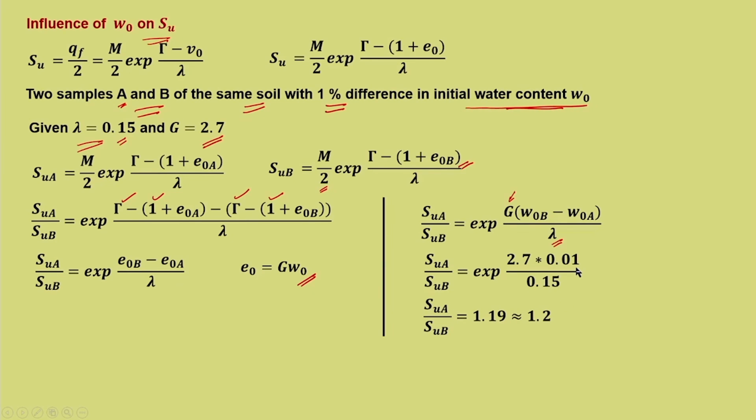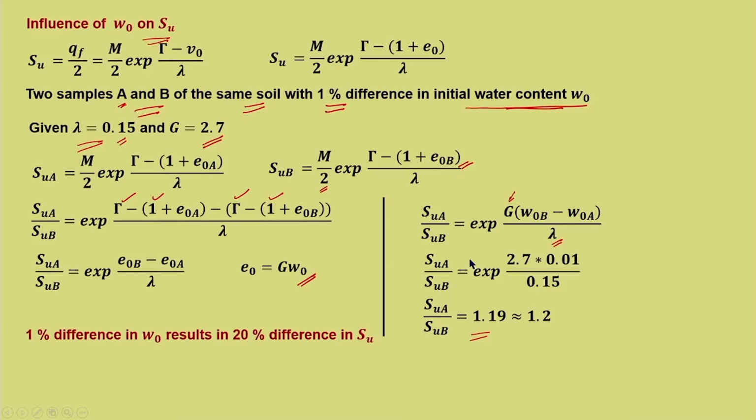If you substitute that, we will get SUA by SUB is equal to 1.2. So, SUA is 20% more, or 1.2 times that of SUB. So, 1% difference in W naught results in 20% difference in SU. That is the conclusion.